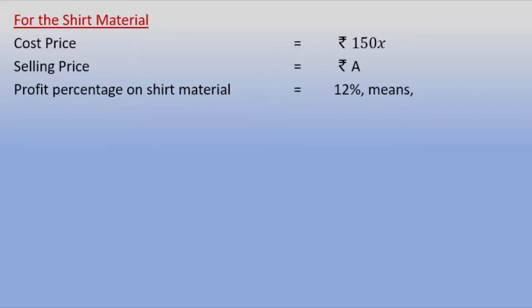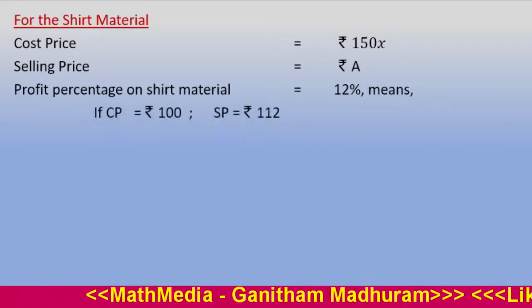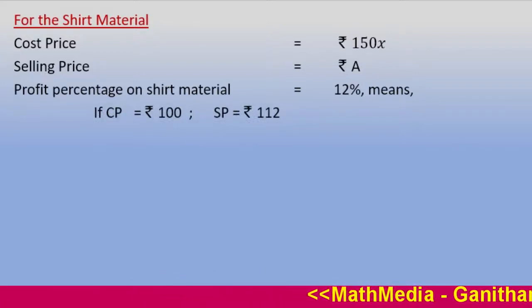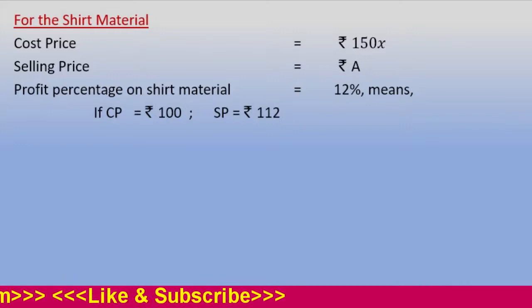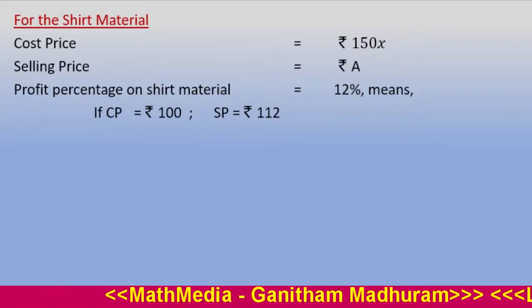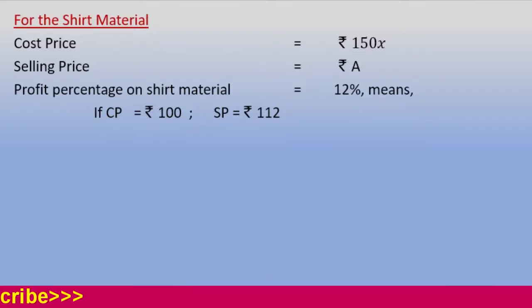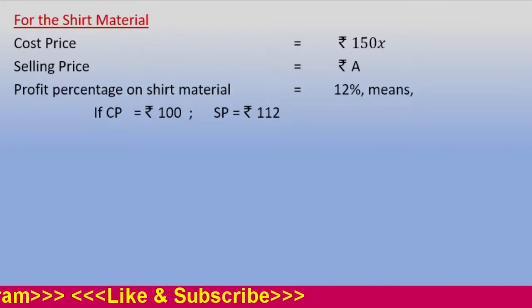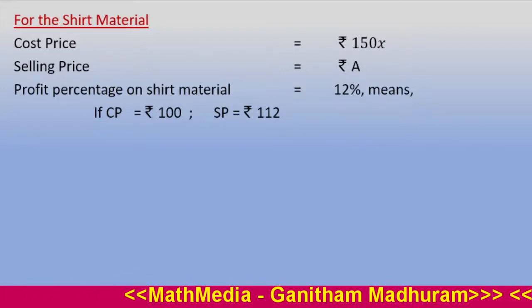So we can write like that: whenever it is given in percentage, you can write in the next step, if CP equal to rupees 100, SP equal to rupees 112. Because here profit percentage is given, you add it to 100. If loss percentage is given, SP equal to, you subtract from 100.